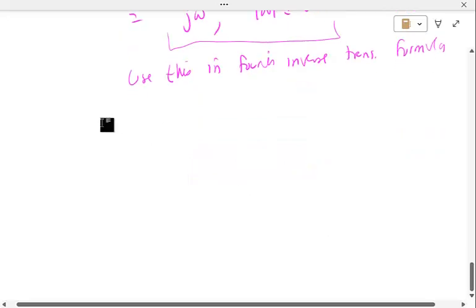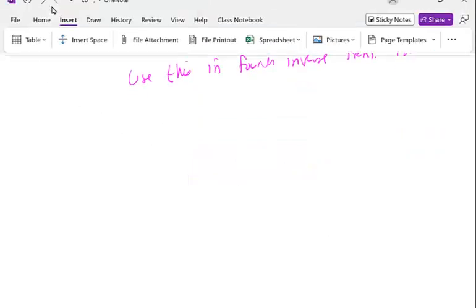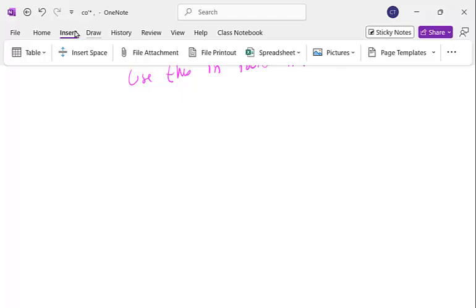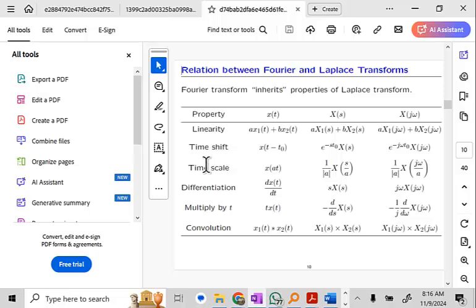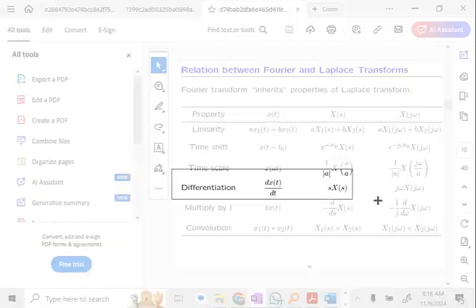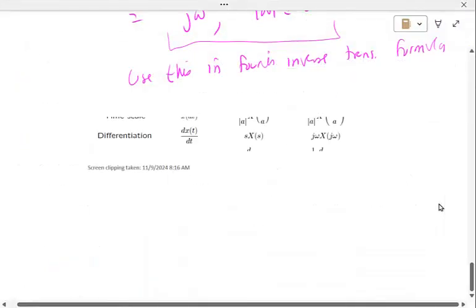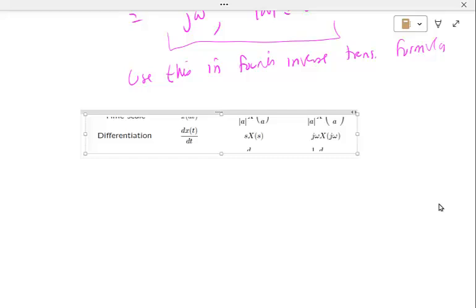Let's see what we can do here. If I take this, I'm looking only at the first and last columns. The middle is the Laplace transform.